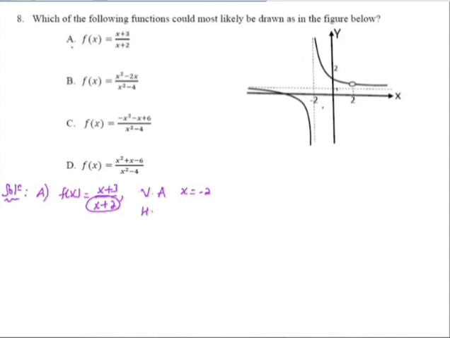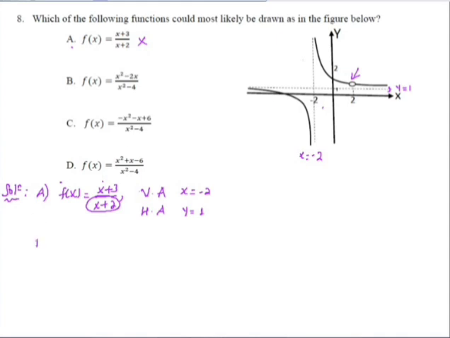And the horizontal asymptote for this function is the ratio of the leading coefficients of the numerator and the denominator, so y equals 1. Here the graph has a horizontal asymptote y equals 1, and x equals minus 2 is a vertical asymptote. But the given graph has a hole at x equals 2, while the function in A will not have a hole. So A cannot properly describe the given graph.